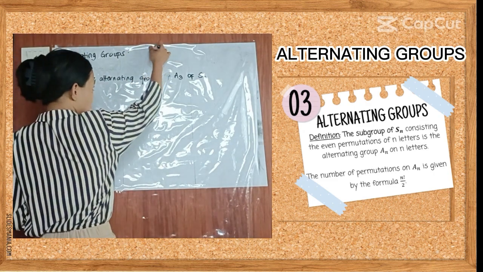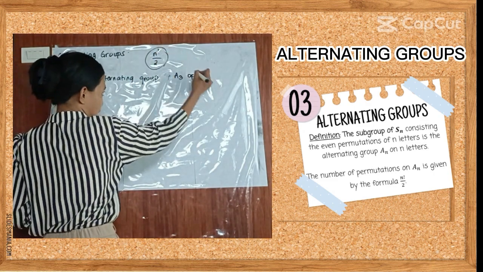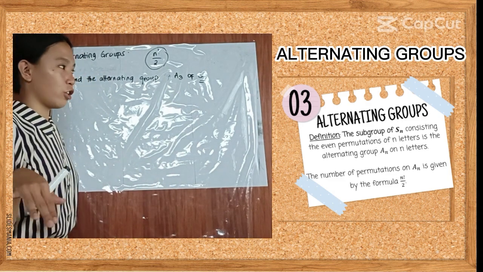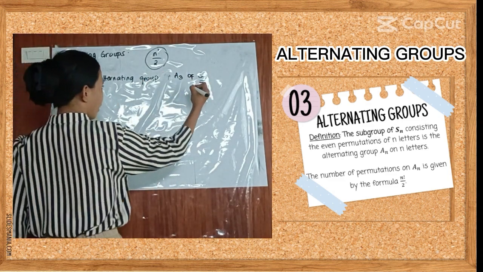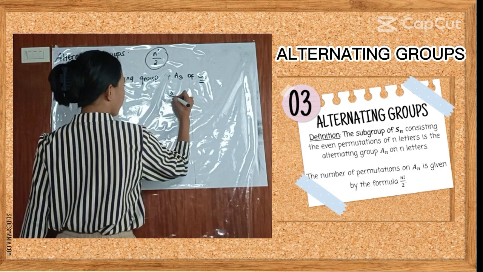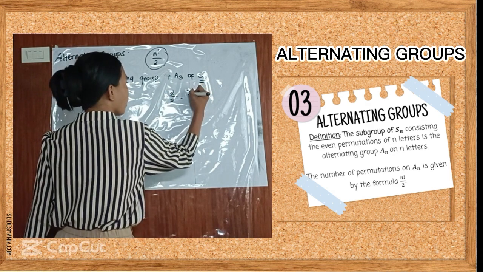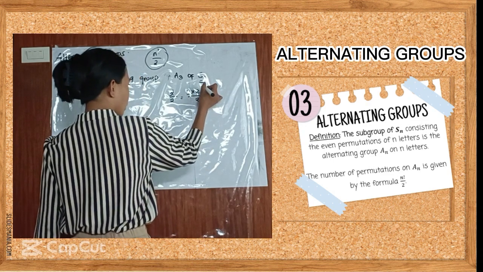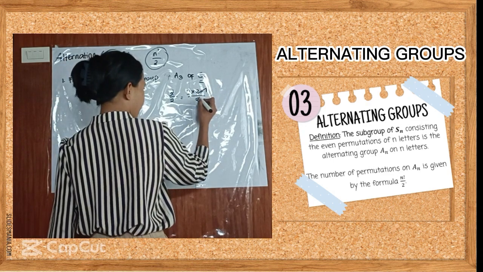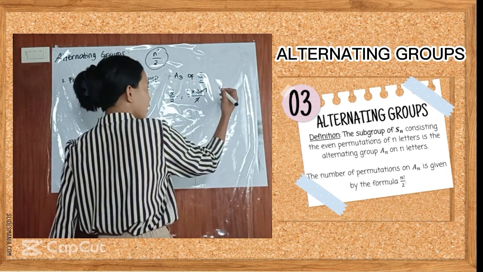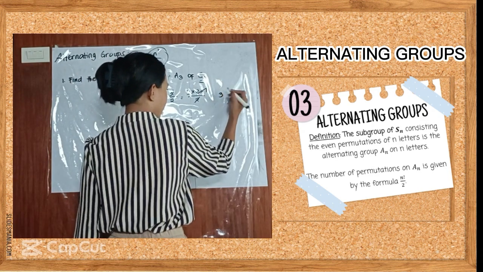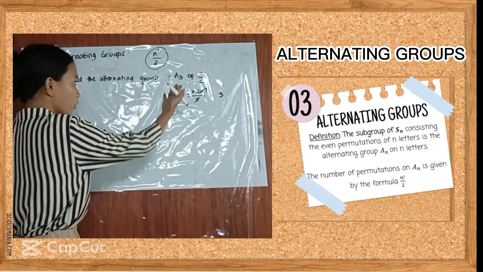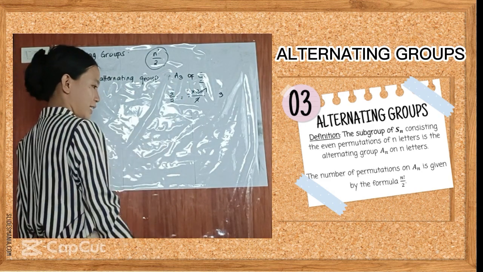We just need to compute this so that we can identify how many even permutations there are. So we have 3 factorial over 2, which is 3 times 2 times 1 over 2. Let's cancel. So we have 3. So there are 3 even permutations in A sub 3 of S sub 3.